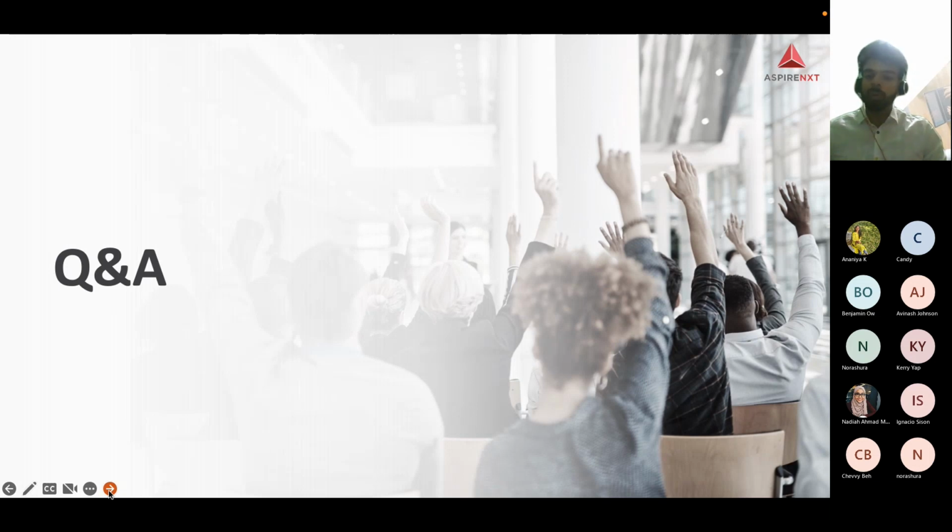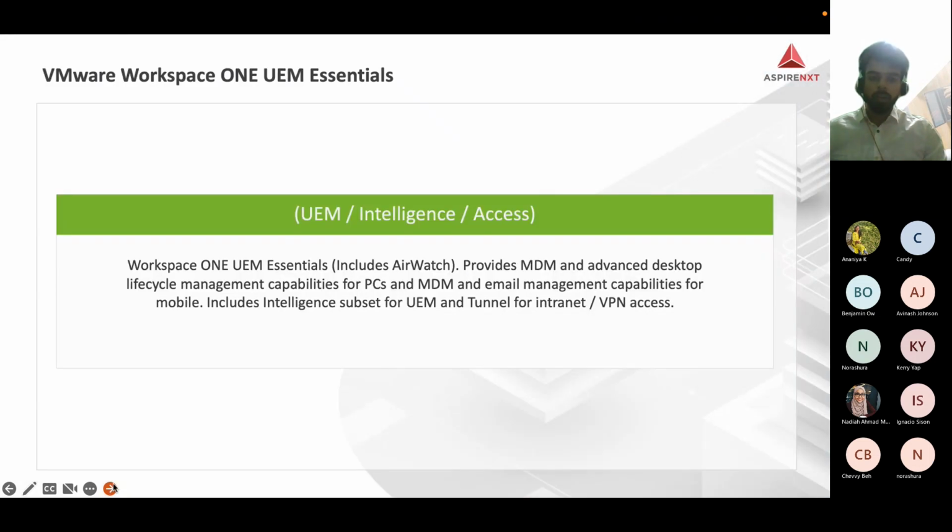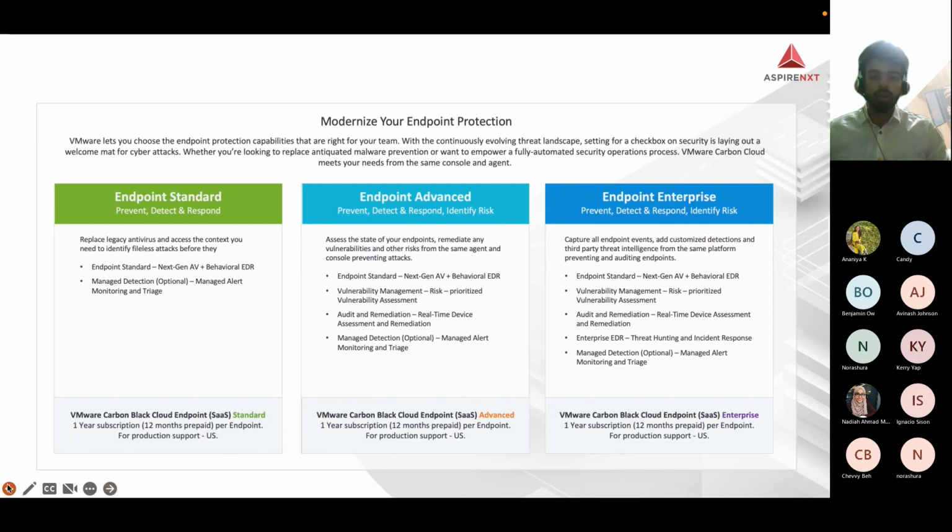Even VMware Carbon Black is now a part of security, which was introduced a while ago. So that will also be a part of this security. That's about the bundle for UEM, intelligence and access, and a little about how this management functions for all platforms, as I said. This is a bundle of all the tools that VMware provides.